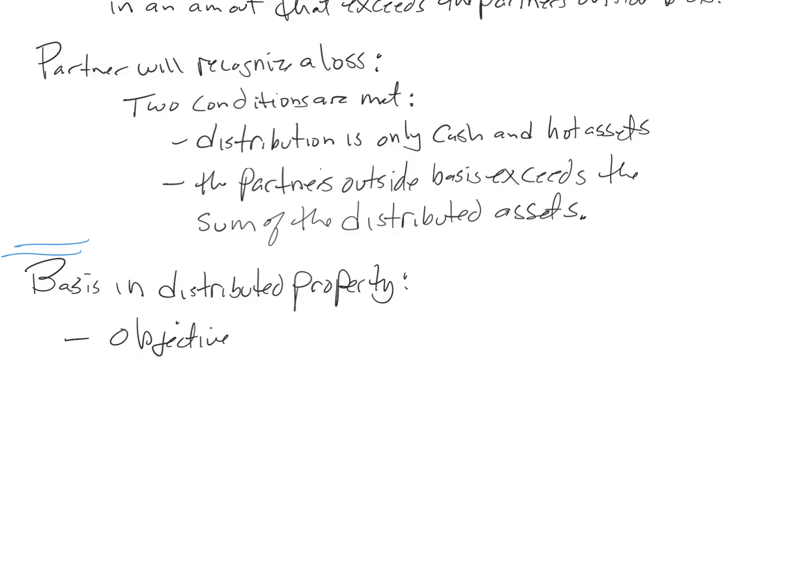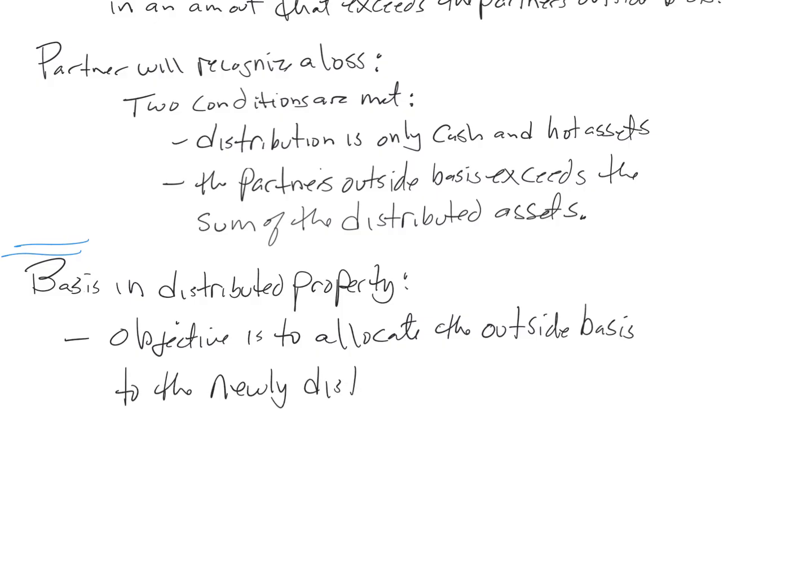Because the partner had an outside basis in their partnership interest, now they have all these assets. Okay, so you've got to allocate those.